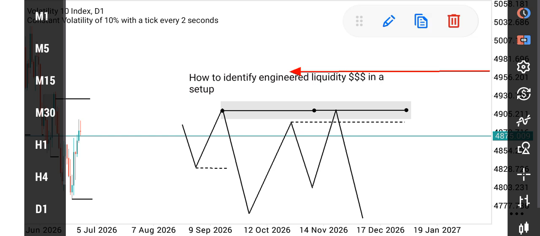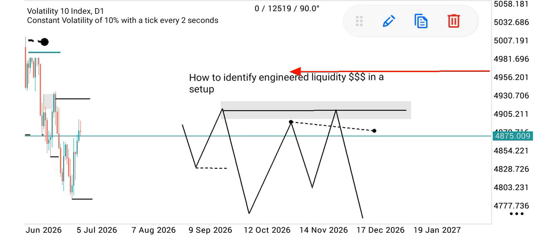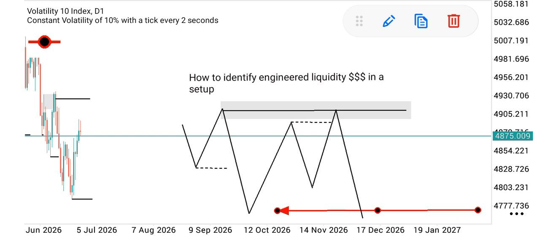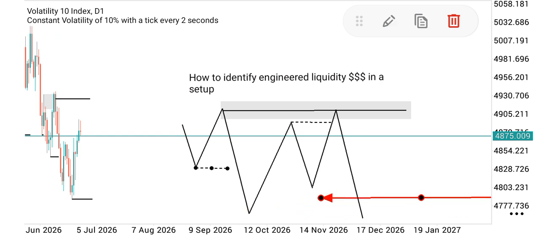I made us understand the difference between our buy side liquidity and our sell side liquidity. I showed you in the first drawing that this zone is my sell side liquidity.